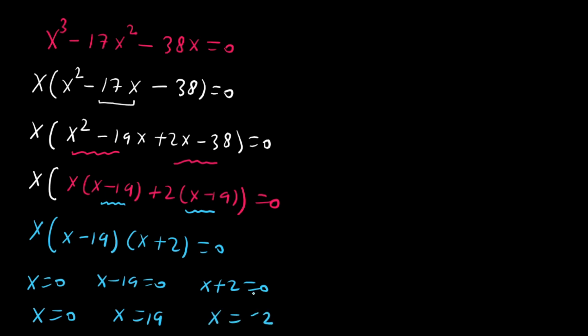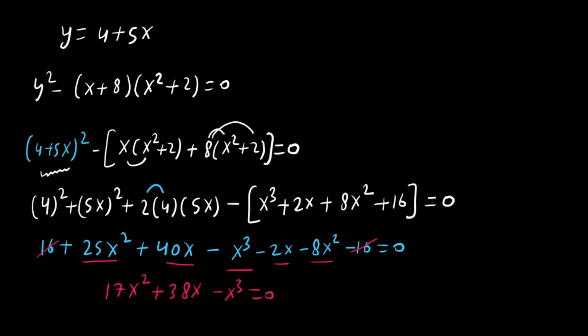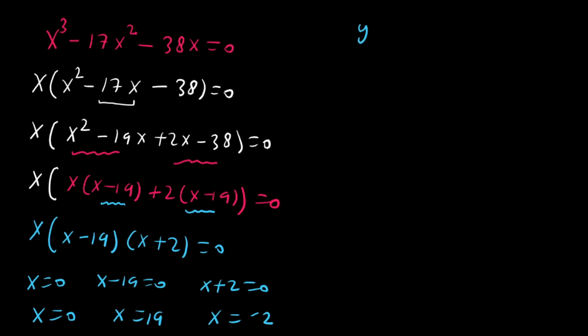minus 2. And we know that the value of y is 4 plus 5x. If x is equal to 0, then y is equal to, x is replaced by 0, 5 times 0 is 0, then y is equal to 4.